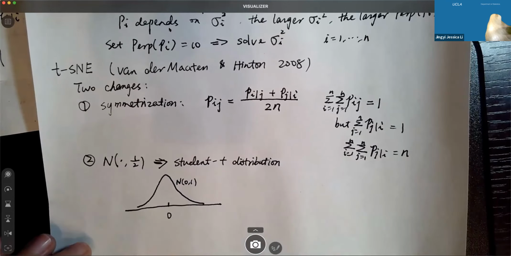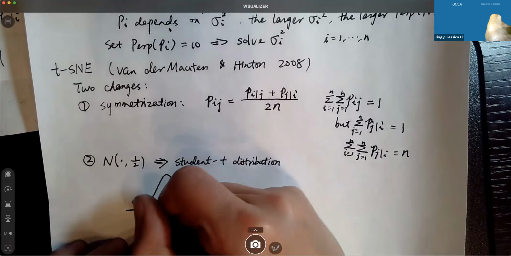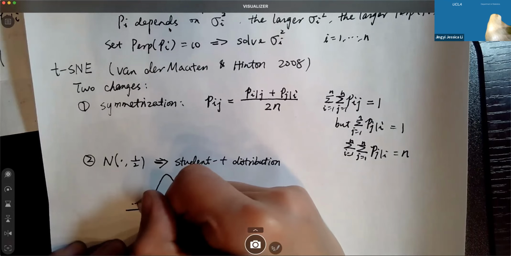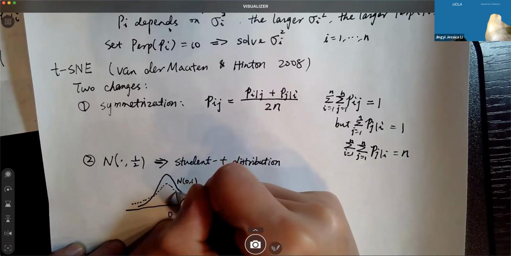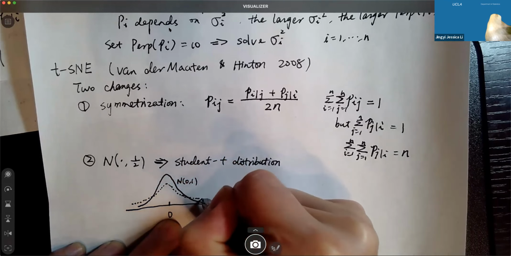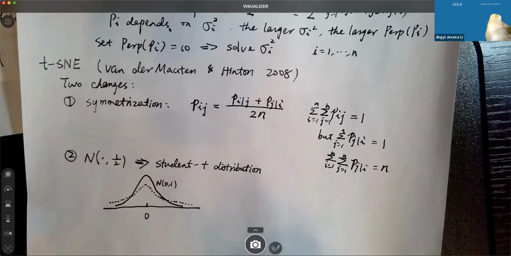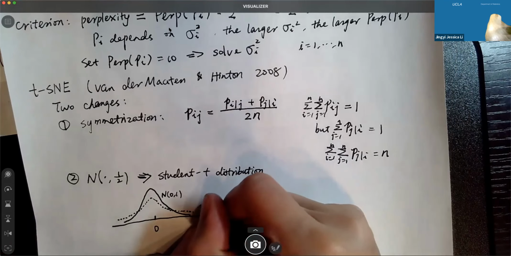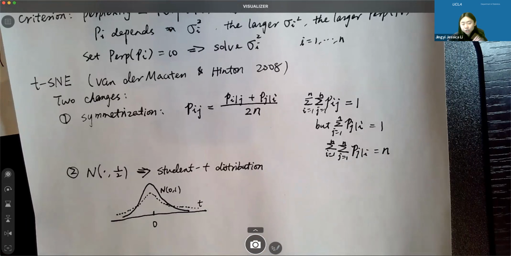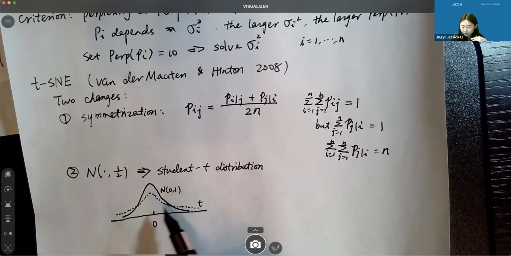And then a t distribution would have heavier tails, so I'm going to draw a more extreme version. Those larger values far away from 0 will have larger density. So this is the t distribution. And because each density must have area equal to 1, if they are higher here, they must be lower here.